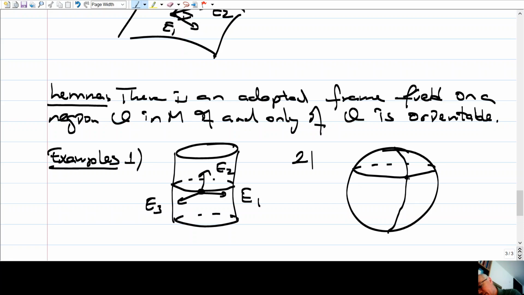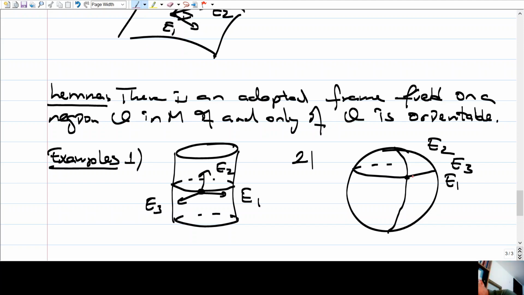So let's say this is E1, this is E2, and E3 will be like this. Maybe I should draw with different colors.